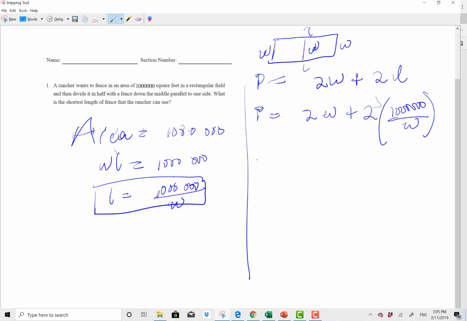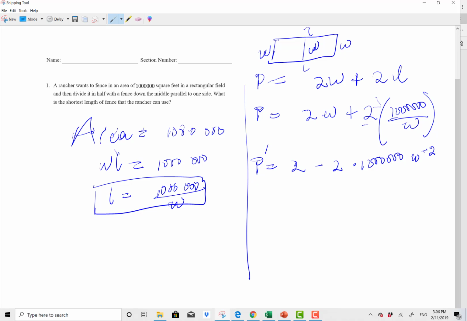Now once I get this, in order for me to try to minimize this, I'm going to find the first derivative. Writing the first derivative of the perimeter right there, I'm going to get 2 minus 2, because once I differentiate this, I know that W to the -1, it's -1 times 2 right here, going to give me -2, and this is going to be 1,000,000 times W to the -2.